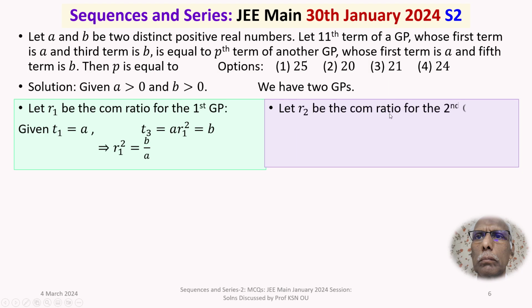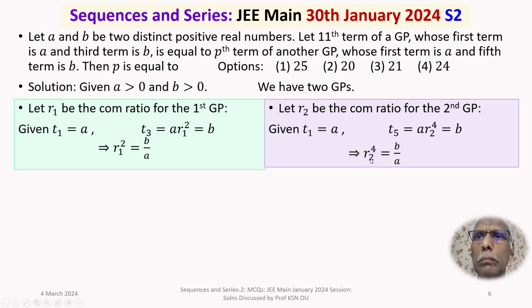For the second GP, let R2 be the common ratio, and it has the first term T1 is A, and the fifth term is B, that is T5 is equal to A R2 to the power of 4 is equal to B. From these two, we get R2 to the power of 4 is equal to B by A. Here, R1 square is equal to B by A for the first GP.